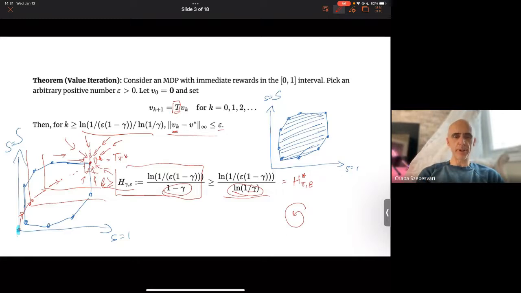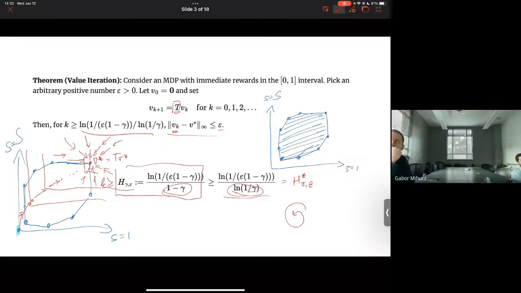It's important to point out that the vector field itself can look in many different ways, but the point is that if you follow it, no matter where you start, you are geometrically fastly approaching V star, and V star is the only attractive point of this field.